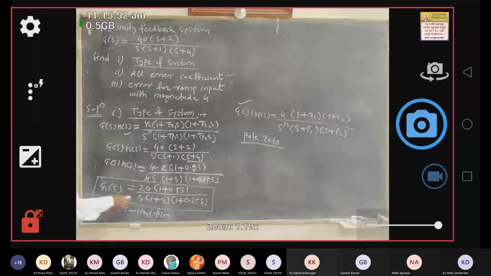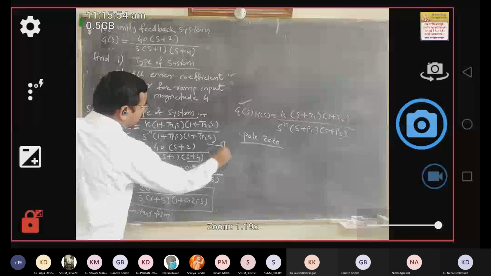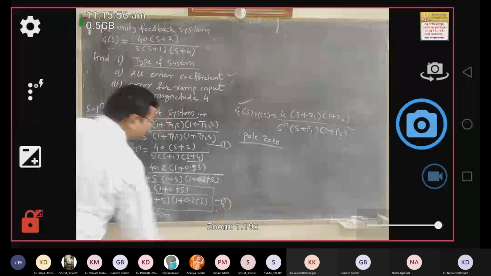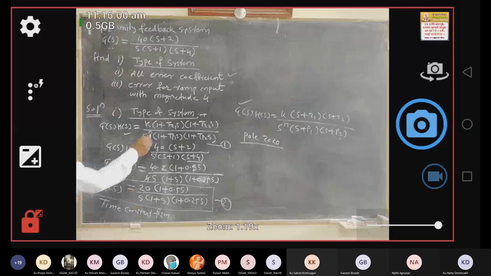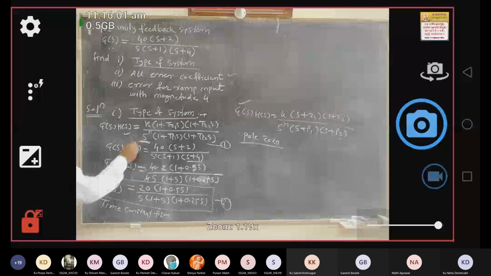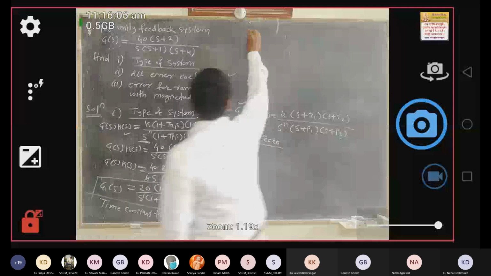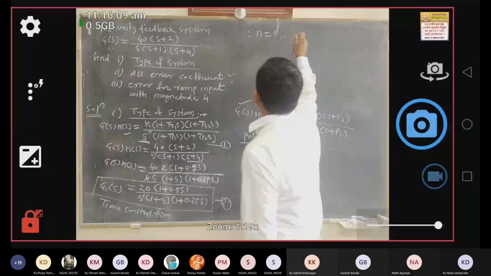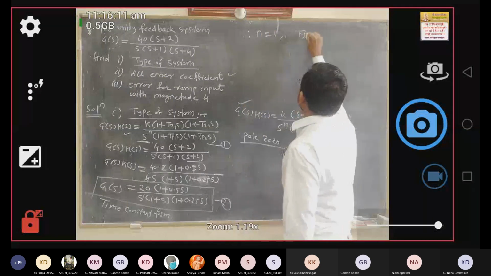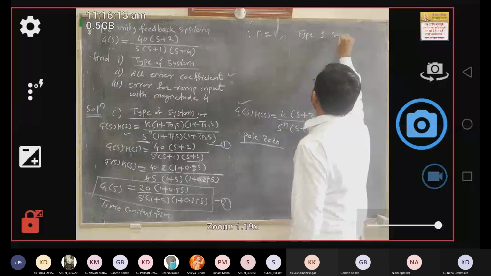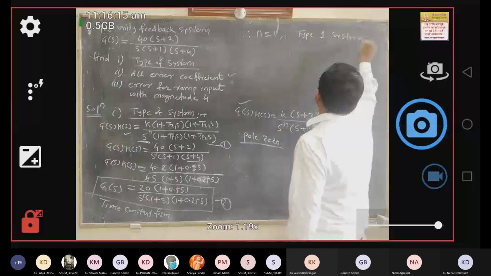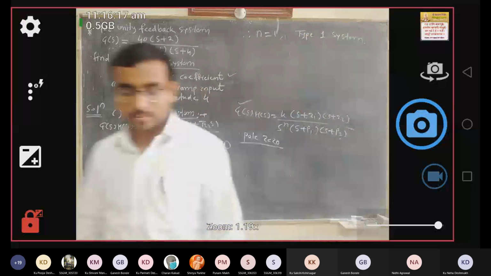Now compare this equation with the standard equation: equation 1 for this, equation 2 for that. Find the value of s raised to power n. Here s raised to power n is s raised to power 1, so n is equal to 1, therefore it is a type 1 system. This is our first answer.